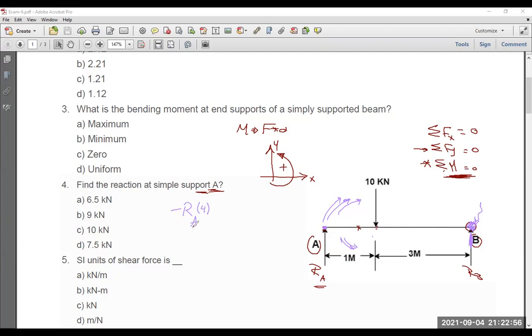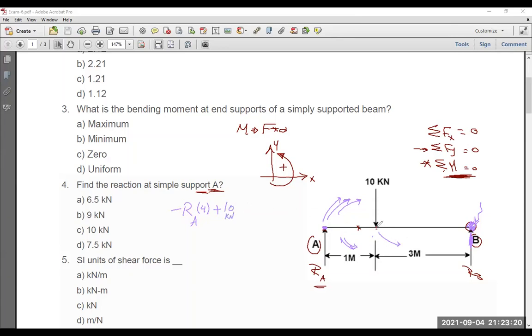4 meters. Answer is 7.5. Second thing, the second force here, which is 10 kilonewton. This 10 kilonewton rotates in this direction, counterclockwise, so it is positive 10 kilonewton.